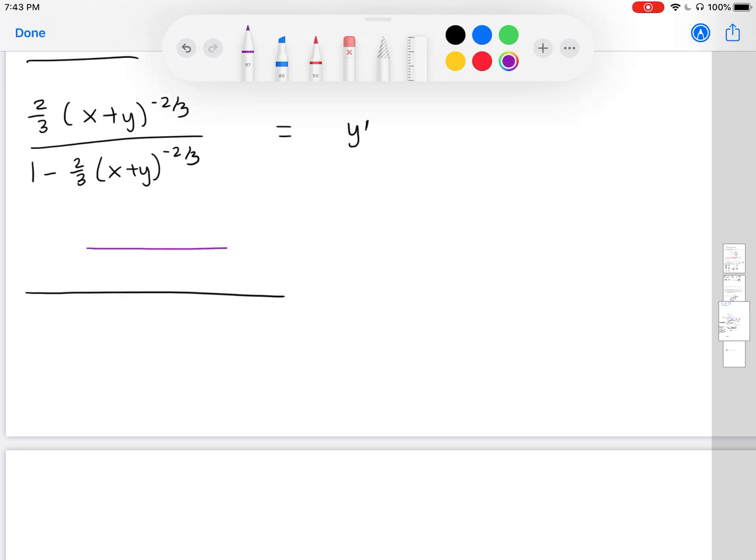In my numerator, let's make that a denominator, that (x plus y) to the 2/3, and I have 1/3. In my denominator, I have 1 minus 1/3 (x plus y) to the negative 2/3. Okay, well, let's go ahead and divide these complex fractions.